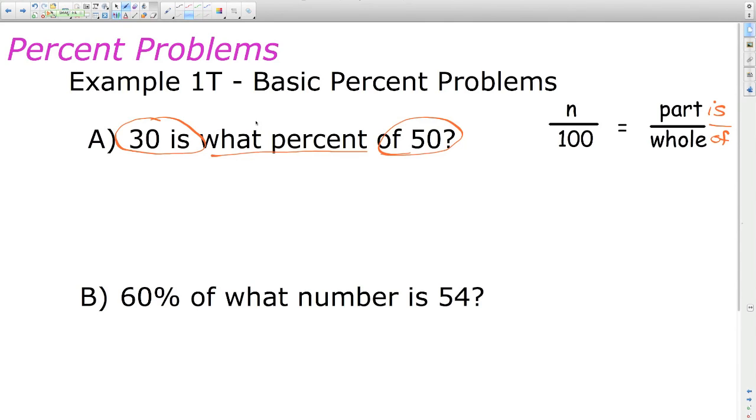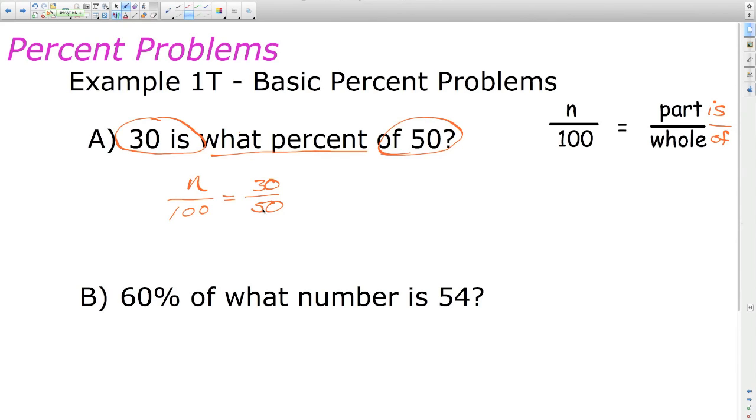We're solving for the percent because we're asked what percent. So we're going to solve for n. The number over 100 is the percent or the percentage. Next, we're going to set up the other side. The part over the whole, is over of, is 30 because it's the number next to the word is, over 50 because it's the number next to the word of. n over 100 is equal to 30 over 50.